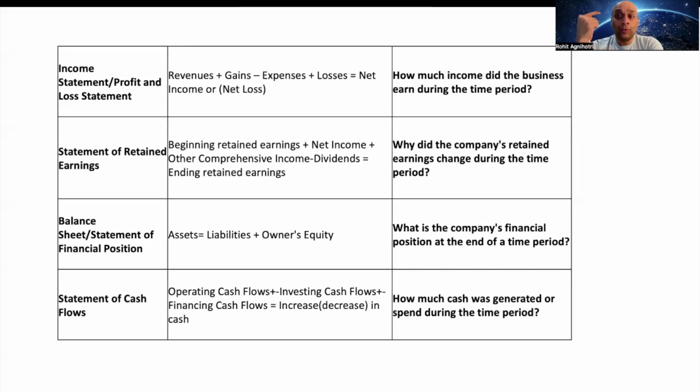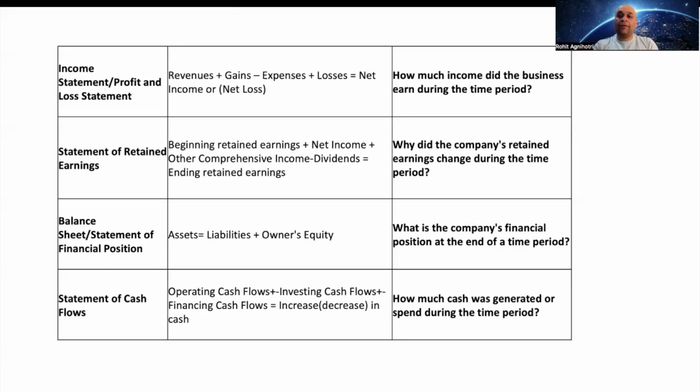So, just to recap, if you remember in part 1, we had discussed the income statement and the statement of retained earnings. These two statements cover the entire time period from point 1 till point 2 and whatever happened in between.